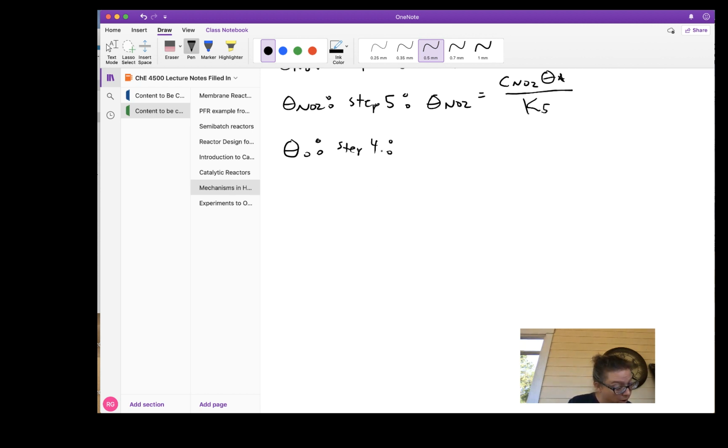Okay, so step 4 we've also assumed is in quasi-equilibrium, so we can write the coverage of oxygen using that information.